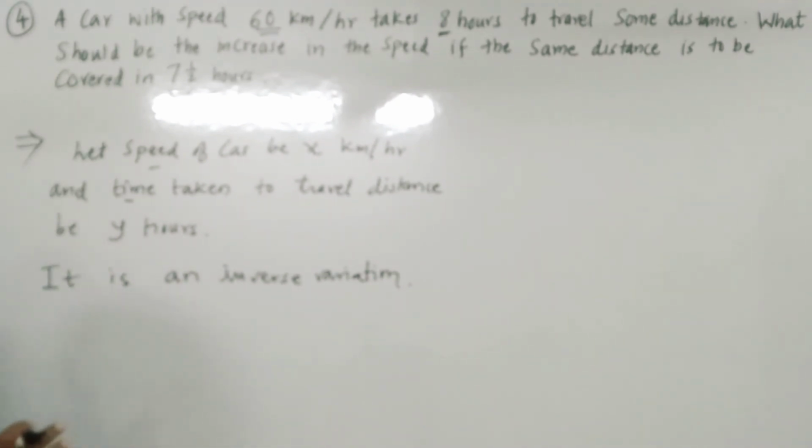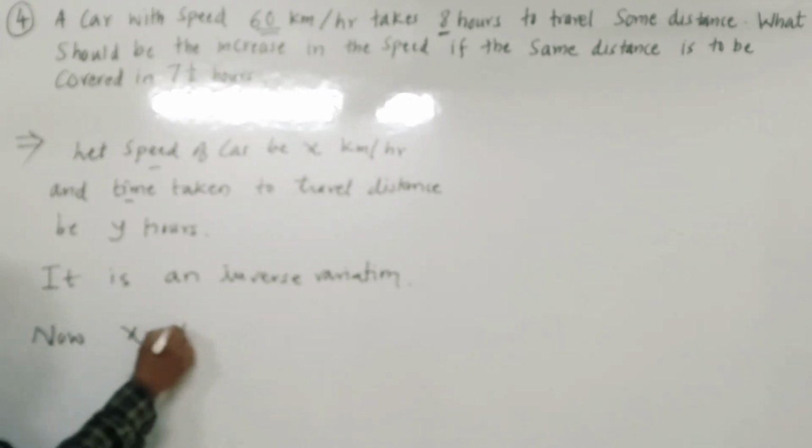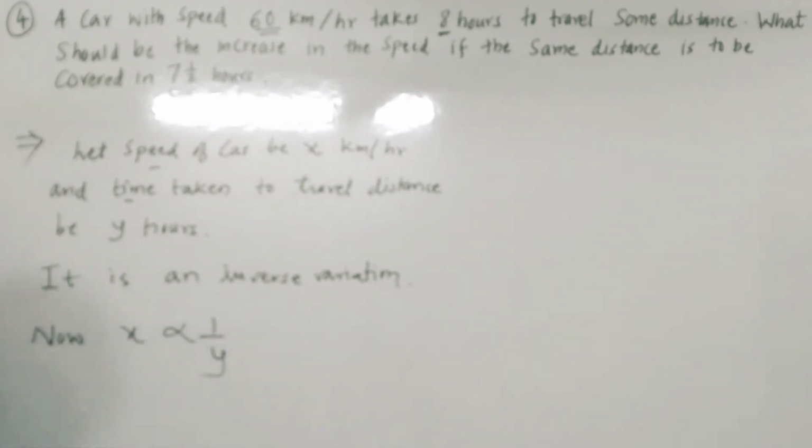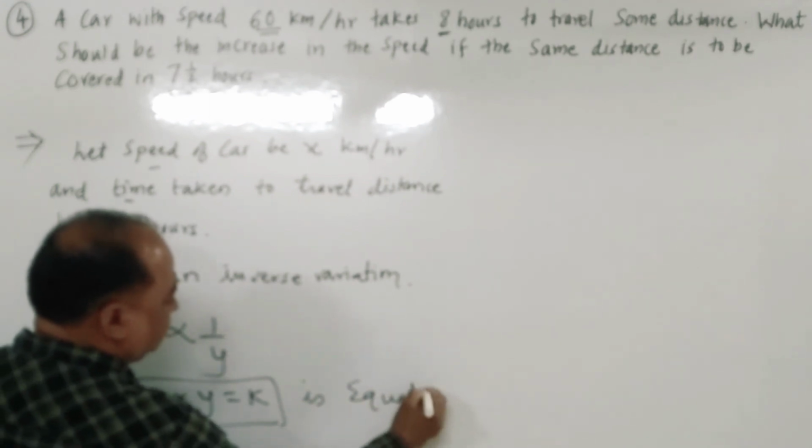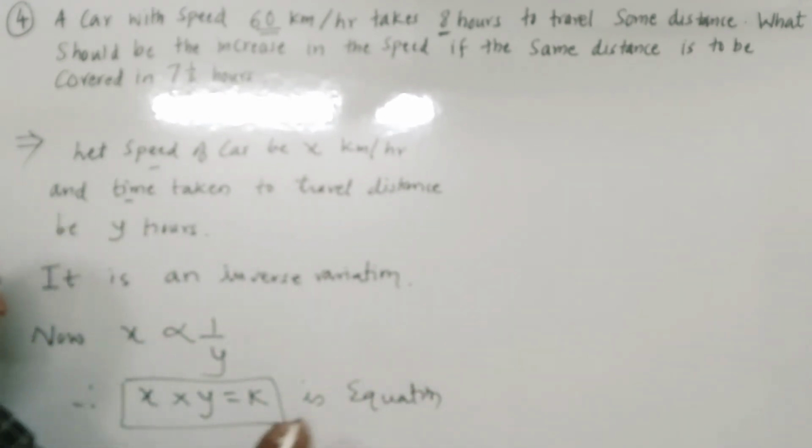So one quantity is increasing, the other is decreasing. Such types of variations are called inverse variations. Now, x varies inversely to 1 upon y. Therefore, x into y is equal to k, the equation of variation.